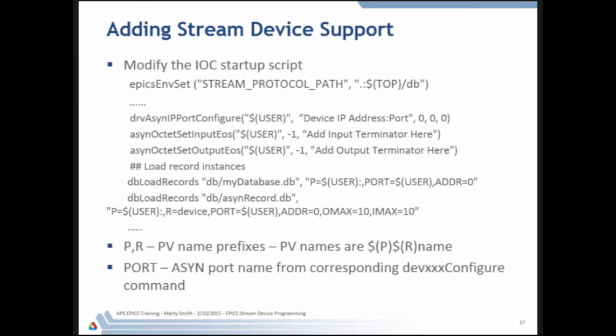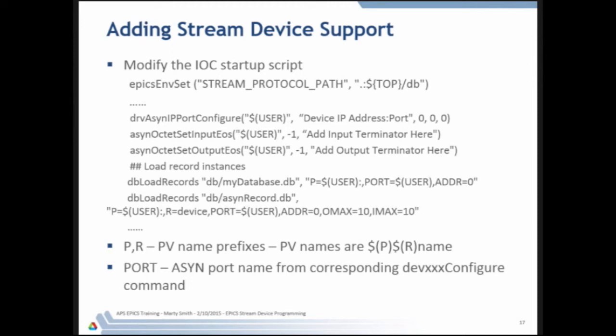So you can see you modify your startup script, you put the stream protocol path in. In this case, I have the current directory and the top db directory. Then you would add your IP port configure for asyn, give it the destination address and the port, any other parameters that you might need.